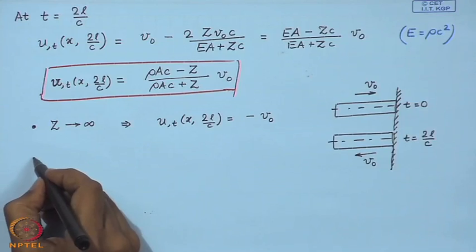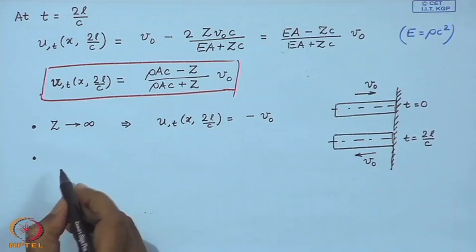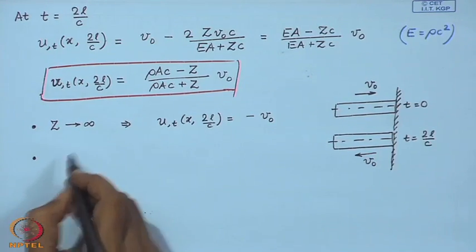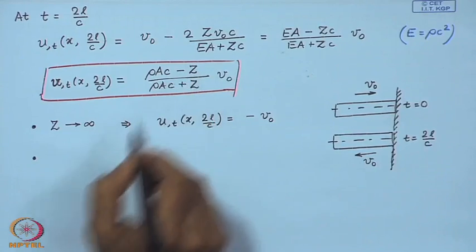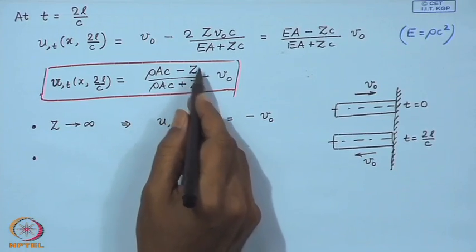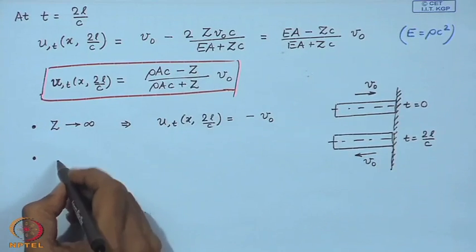Now, we can consider the case where Z is finite. There can again be three cases.